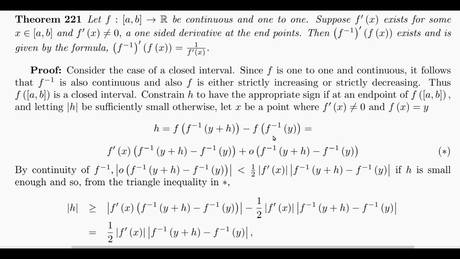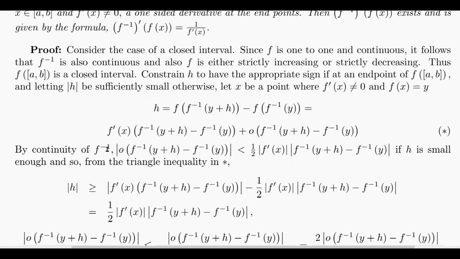Now, by differentiability of this function at f inverse of y, which remember is x, I have that this is equal to f prime of x, the derivative of f at f inverse of y, times this thing minus this thing, plus little o of this difference.